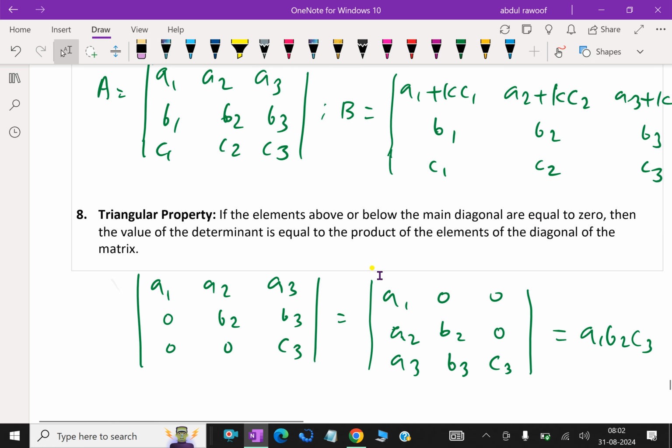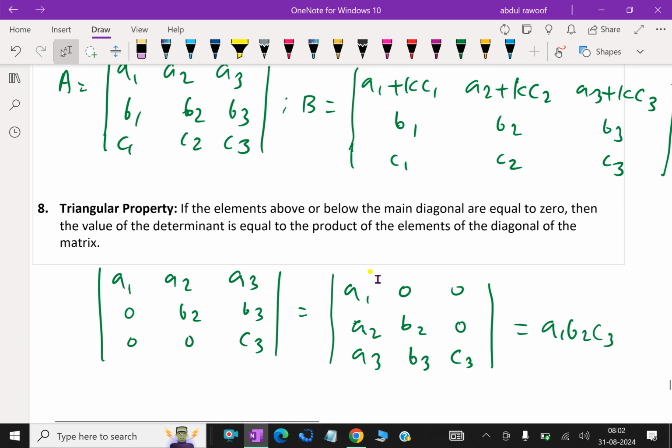Next, triangular property. Here, in the triangular property, if the elements above or below the main diagonal are equal to 0, then the value of the determinant is equal to the product of the diagonal elements. Look here. This is A1, A2, A3, then 0, B2, B3, 0, 0, C3.